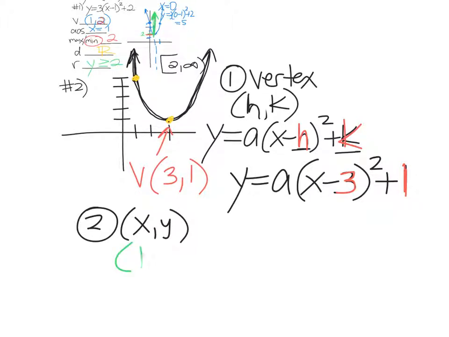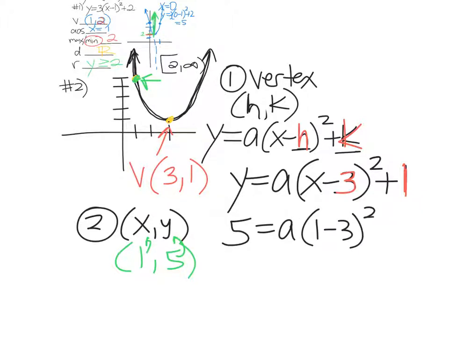That's this point right here, 1, 5. We're going to take that and we're going to plug 1 in for X and 5 in for Y. So we get Y equals A. Y is now 5. 5 equals A, 1 minus 3 squared plus 1.